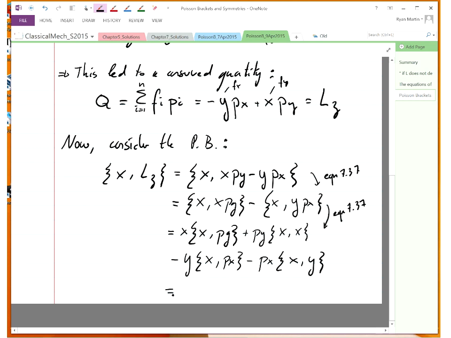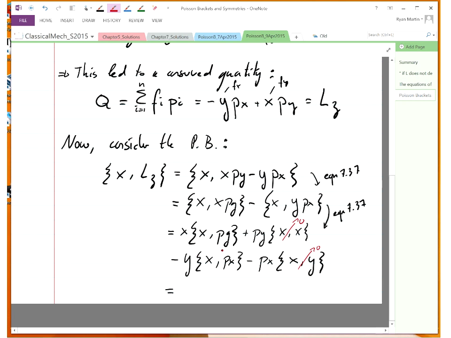I'm going to look at the final properties from equation 737 that tells us we now have Poisson brackets between coordinates and conjugate momenta. In particular, we found that the Poisson bracket of the coordinate with the coordinate is always 0. And that follows from the definition of the Poisson bracket, right? Poisson bracket of something with itself is always 0. And the Poisson bracket of a coordinate with a different coordinate is also 0. So they're independent of each other.